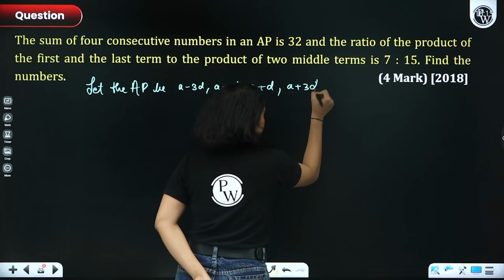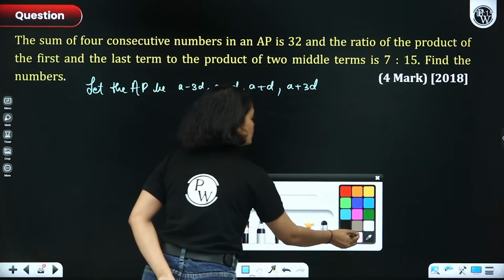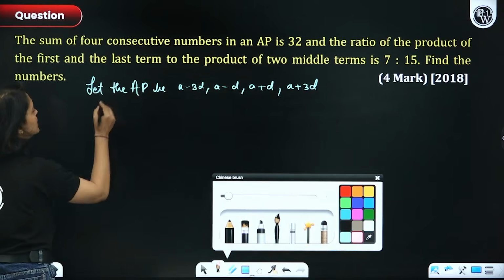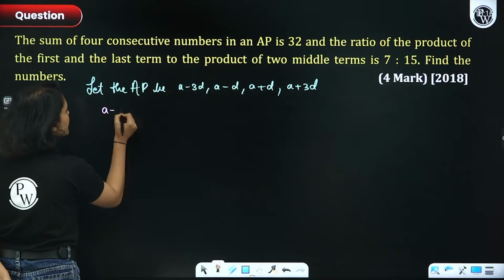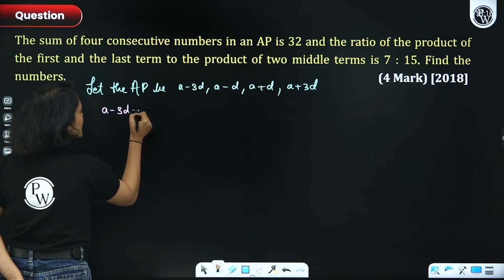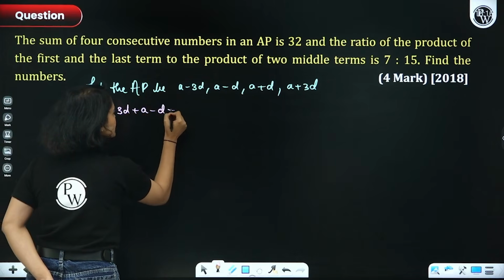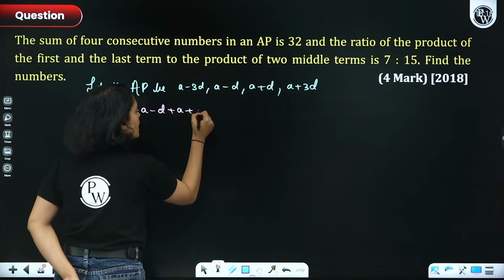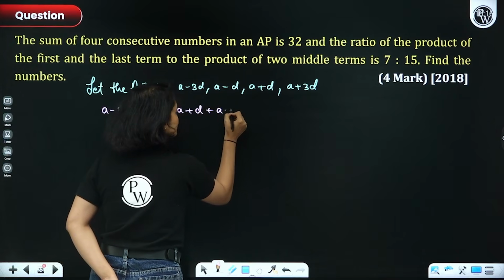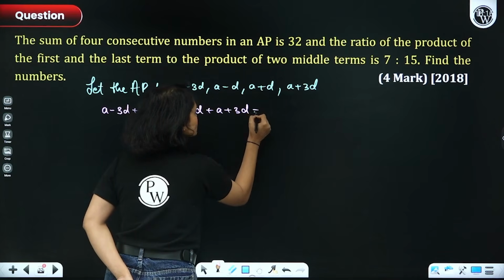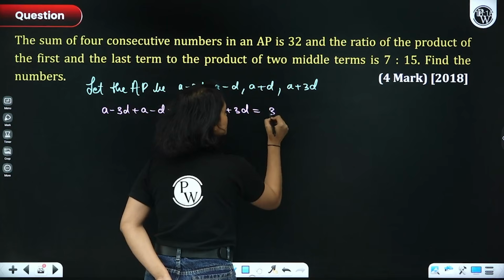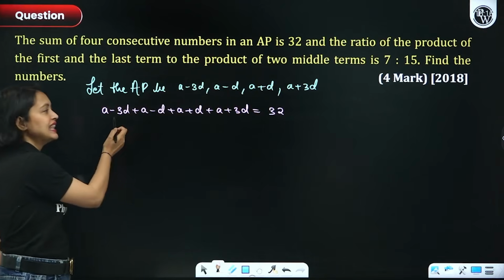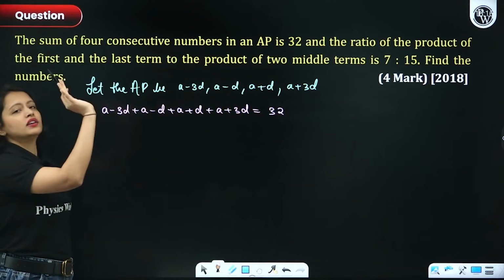Now, first thing first, guys, the sum of the 4 consecutive terms is given to us as 32. So that means A minus 3D plus A minus D plus A plus D plus A plus 3D is given to us as 32. Now, from here you can see that negative 3D and positive 3D are gone.